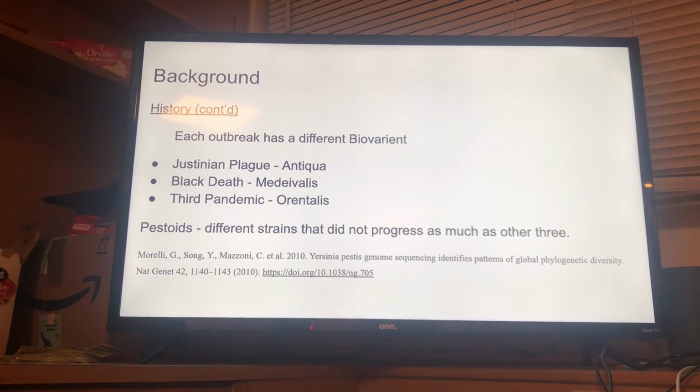But there were also pestoids, which were different strains of the disease that did not progress as much as others did, and did not spread nearly as badly or kill nearly as many people as these three outbreaks have.